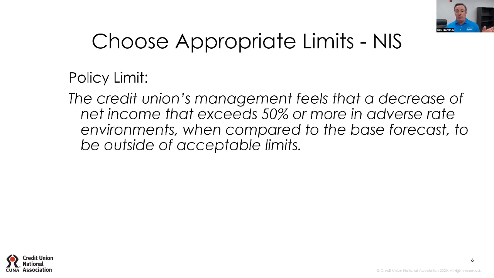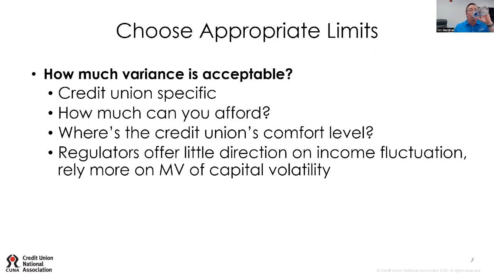So net income simulations evaluate the risk to the income statement. NEV evaluates the risk to the balance sheet. Okay, so if you get a chance to read your ALM policy, that's what you're looking for as far as appropriate limits are concerned. And just know that for each credit union, it's going to be specific as to how much they're willing to tolerate.